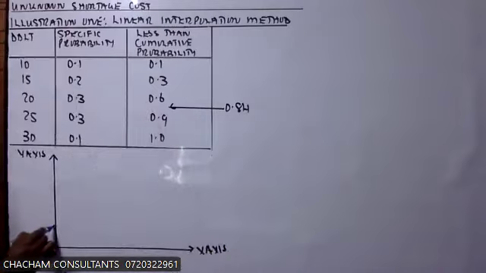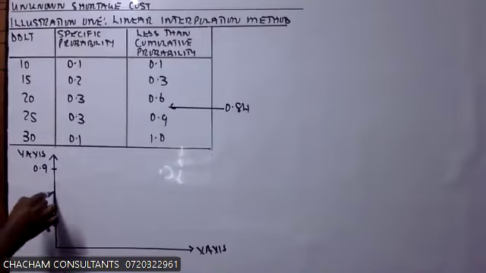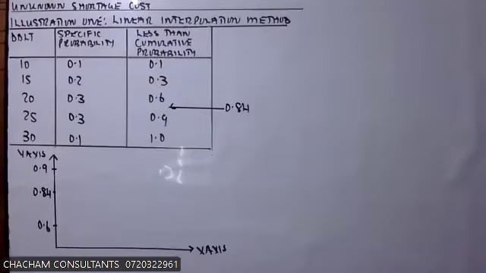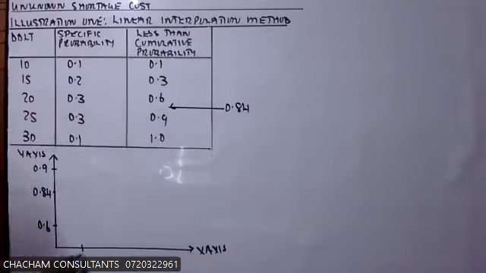The first one here is 0.6. The next one here is 0.9. Then 84 would be somewhere there at the middle. Remember, we are estimating. Then 60 is corresponding to 20. So you come and put 20 there.